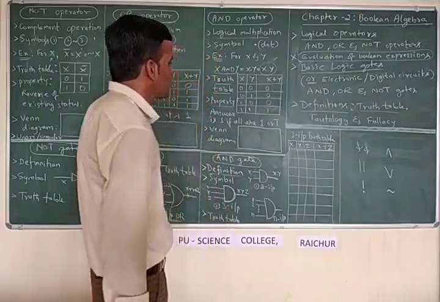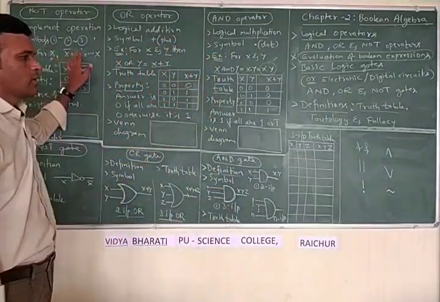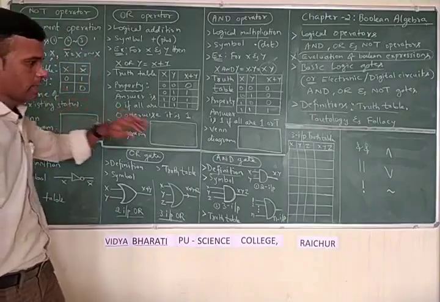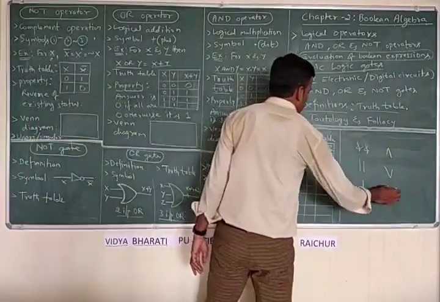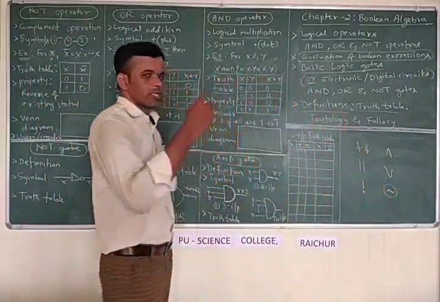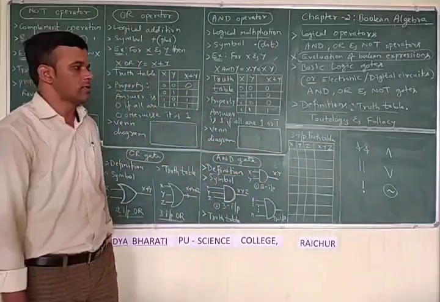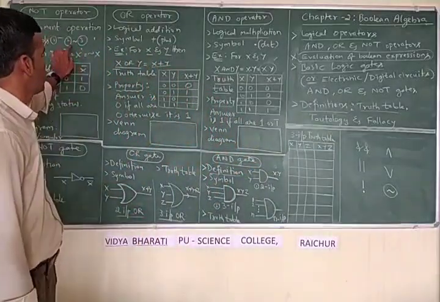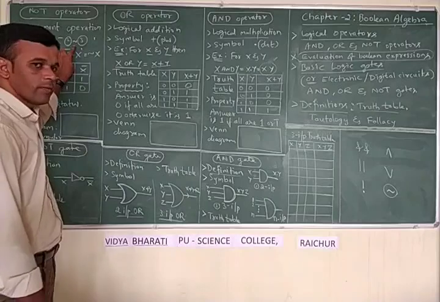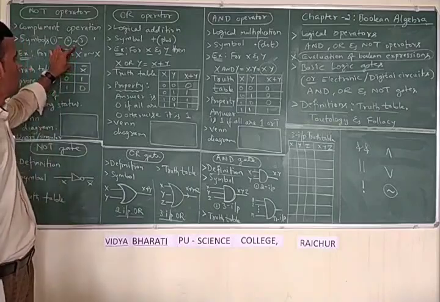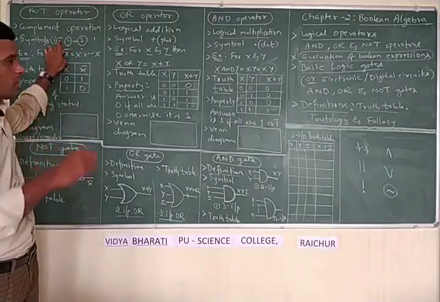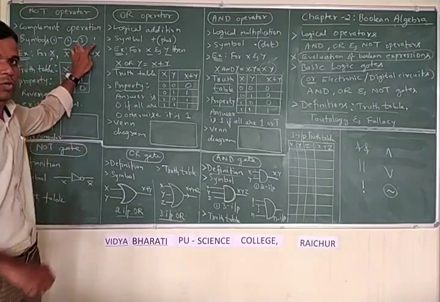So what about the NOT operator? Here we have the negation symbol, which is actually the tilde operator, and we use that anyhow. Plus we have two more symbols here, the bar symbol and the single quote.